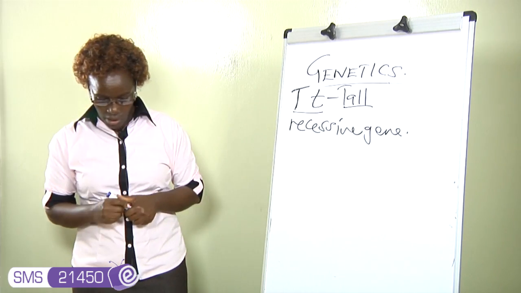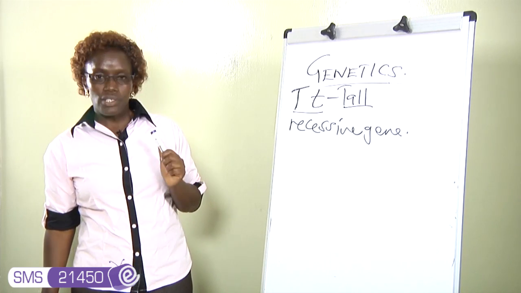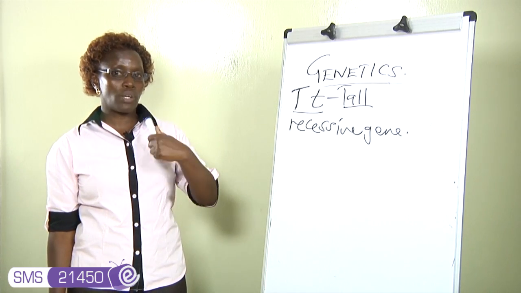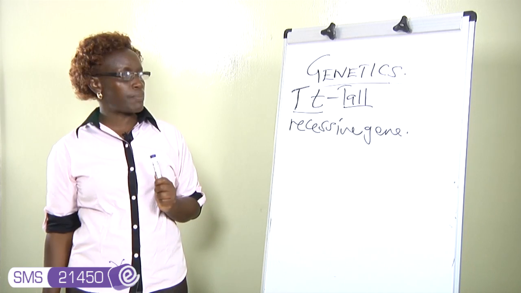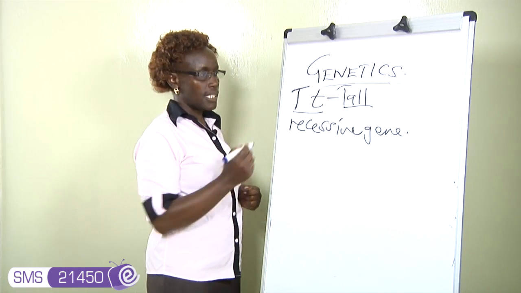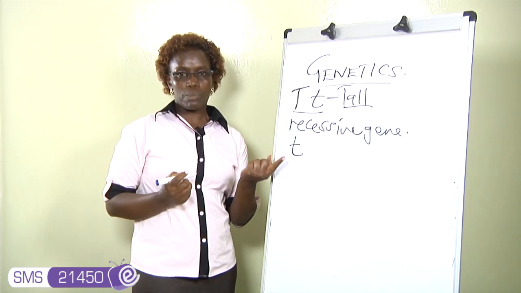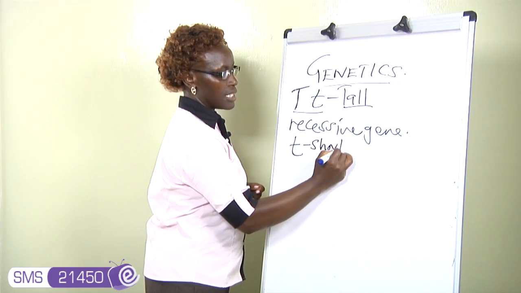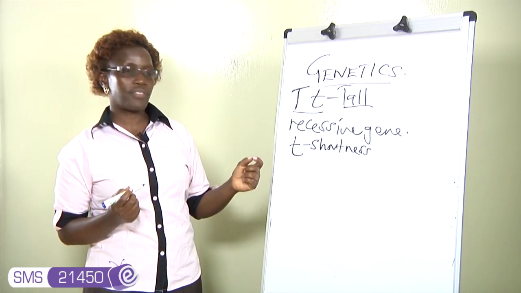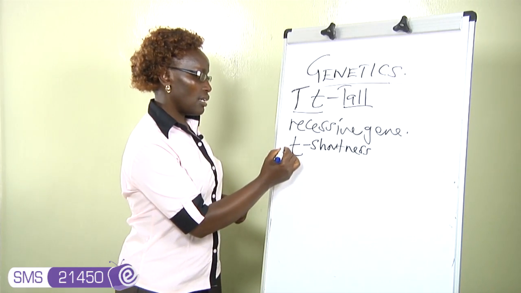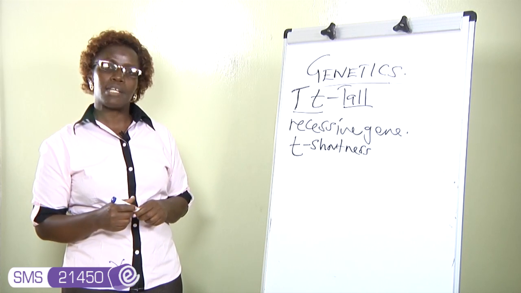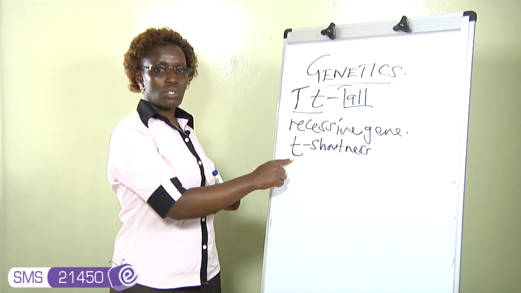A recessive gene is that gene or allele that can only express itself in the appearance of the organism, what I'm calling the phenotype, in the presence of a similar allele. The example again, using our height: the small t, the gene for shortness, can only make one appear short if the other allele is also a small t.